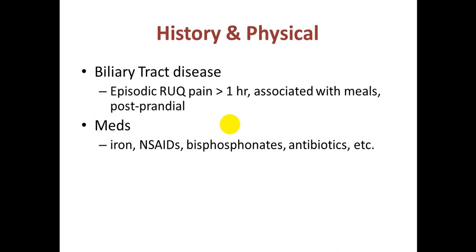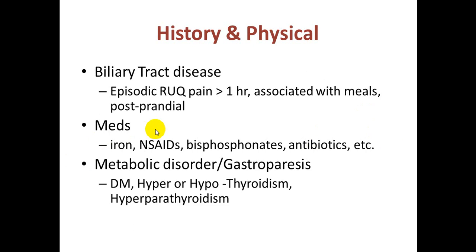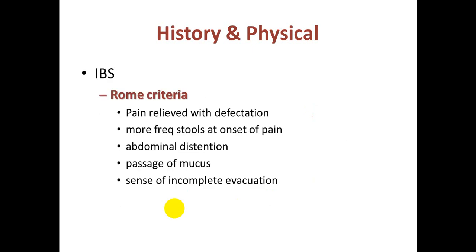Medications: iron, non-steroidal drugs, and antibiotics, for example Augmentin (clavulanic acid and amoxicillin), a common antibiotic causing epigastric upset, and iron is at the top of the list as a cause of gastric upset. Metabolic causes like diabetes, hyperthyroidism and hypothyroidism, hyperparathyroidism all lead to motility disorder and can cause dyspepsia.